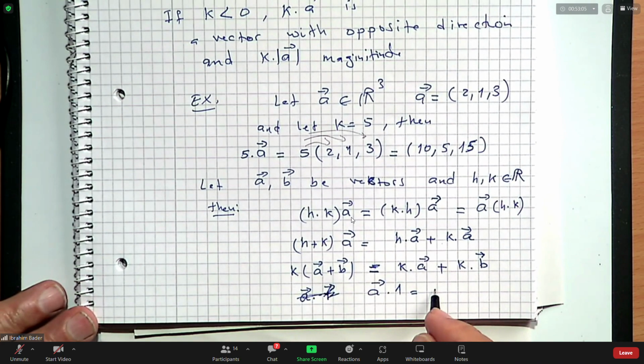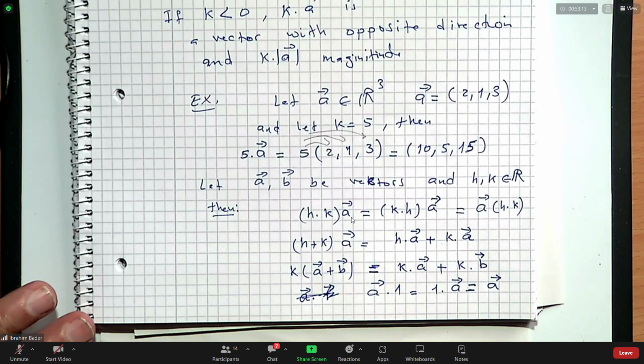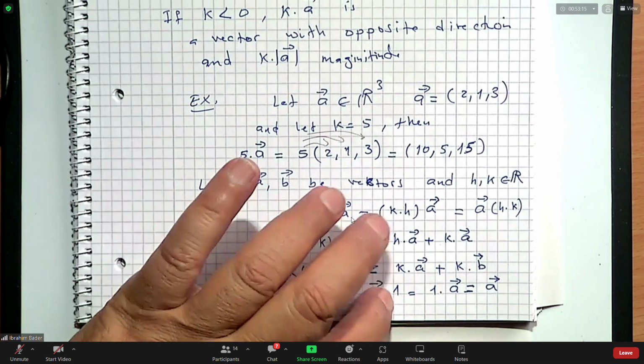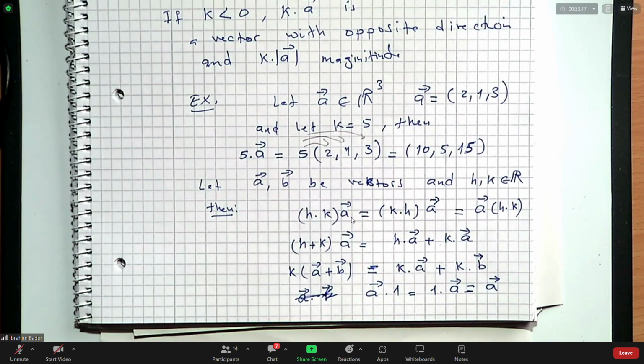And obviously, this is 1 times A. And it will result in the same vector. So just multiplying by 1 will not change anything. Okay, notice that this 1 here is a scalar, it's a constant and not a vector. All right, any questions?